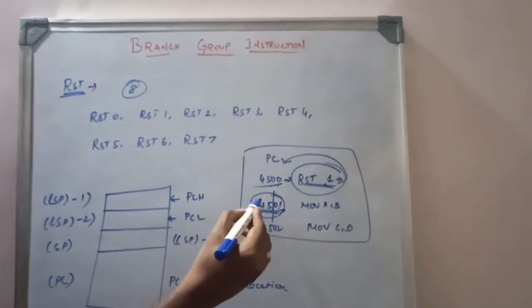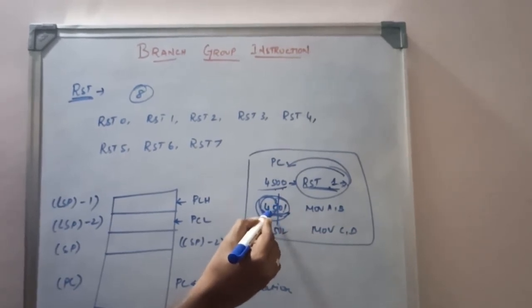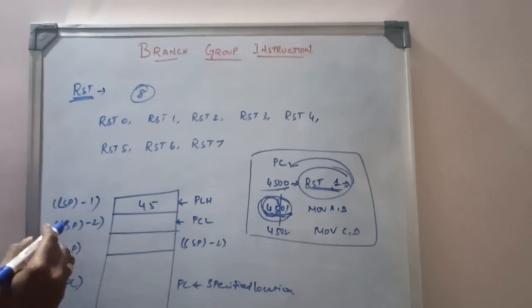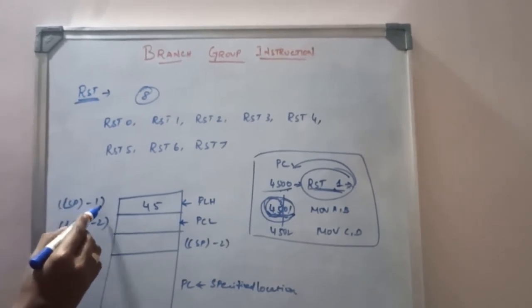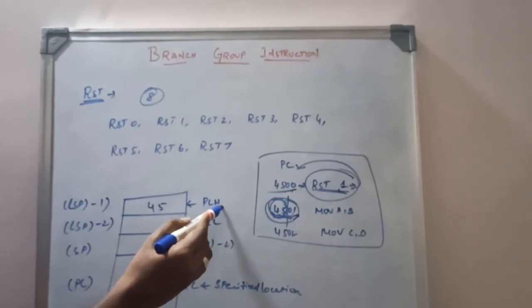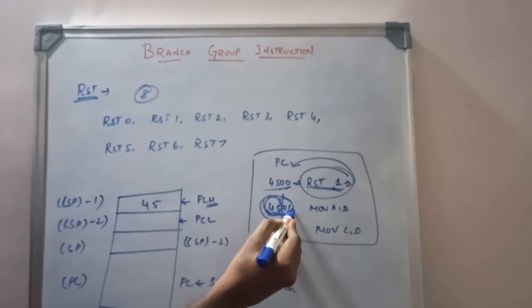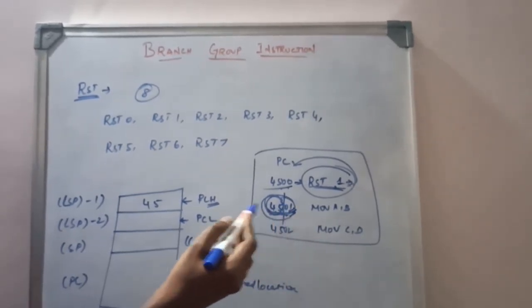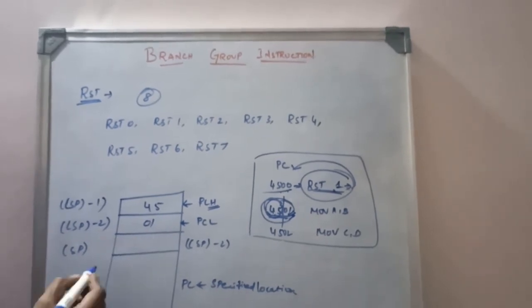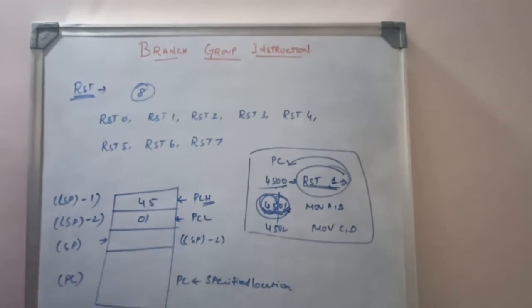First you move the higher order address 45 of the next executing location of the main program. This 45 is moved to stack pointer minus 1, the PCH, program counter higher value. Then you move the lower order address 01 to SP minus 2. Now the current pointer in the stack is SP minus 2.